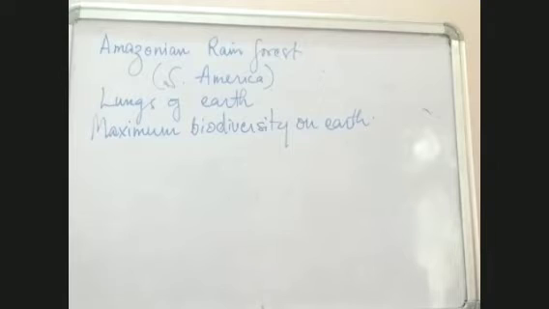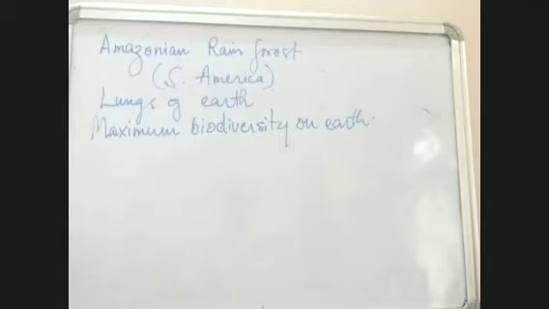So see the species richness, and how the species dwell here and survive here because of its climate, because of its availability of sunlight and all. So this area is said to carry the maximum biodiversity on the earth.